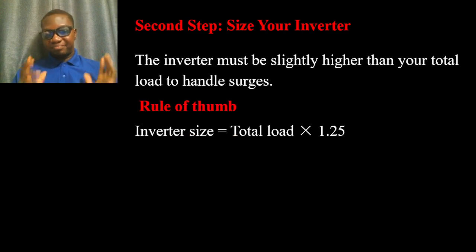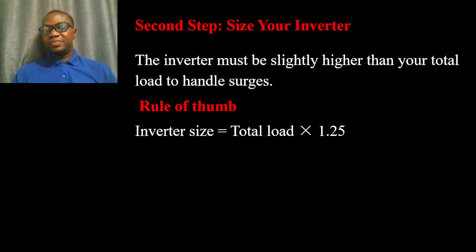By normal rule of thumb, the inverter size is equal to your total load multiplied by 1.25. So we'll say 505 multiplied by 1.25. Why do we multiply by 1.25? Just like we have said, to handle surge. So you give some tolerance.